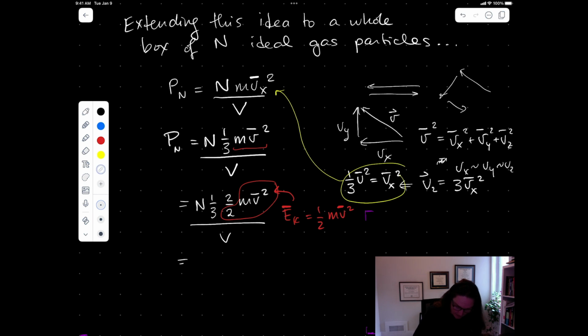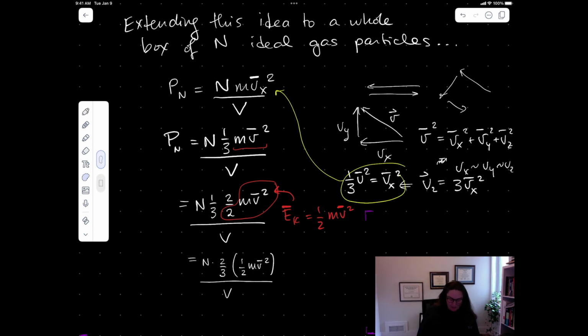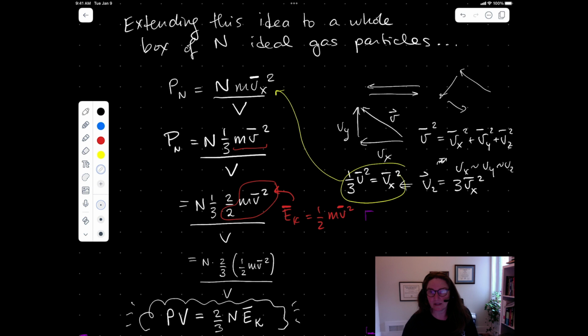And so now I have n times 2/3 1/2 mv squared all over v. Now we finally have something that looks kind of like an ideal gas law. We have the pressure from n particles multiplied by the volume equals 2/3 times n times this average kinetic energy of one particle.